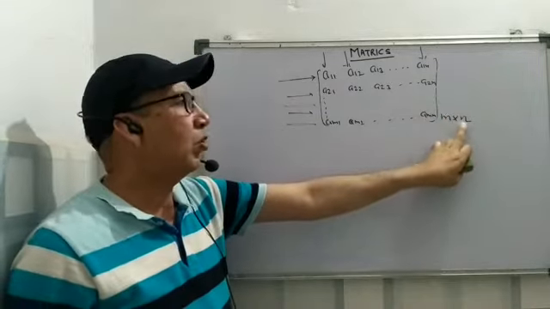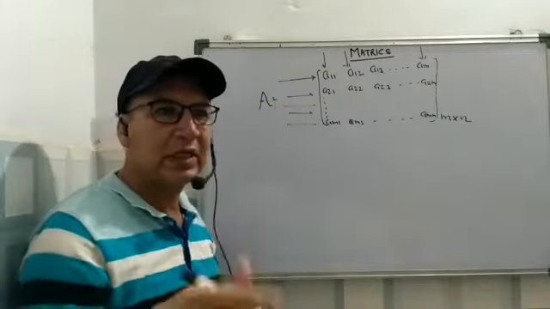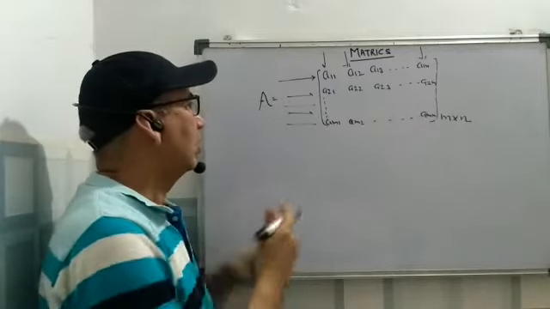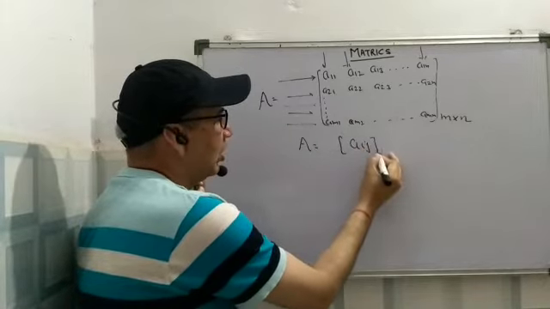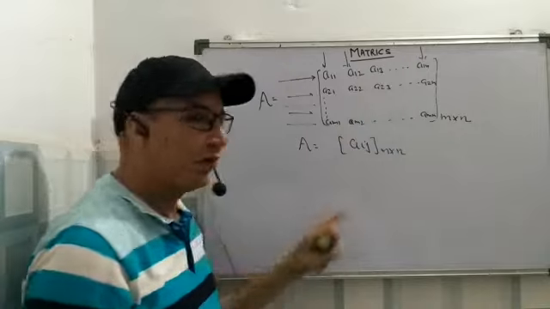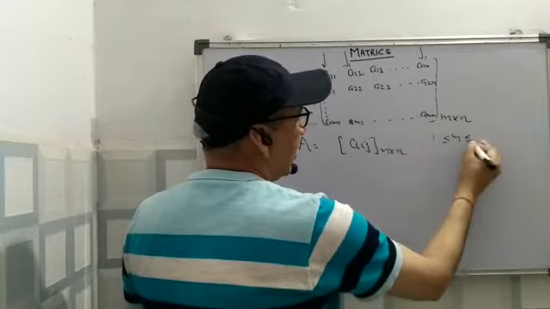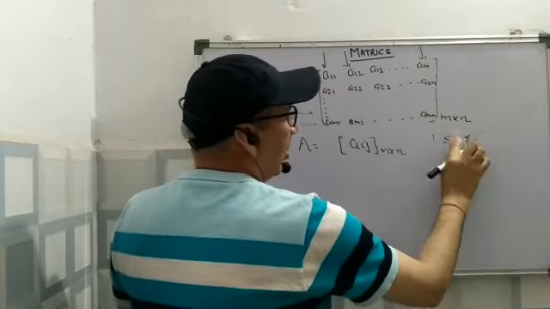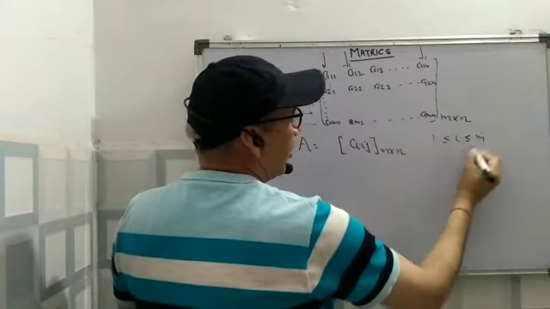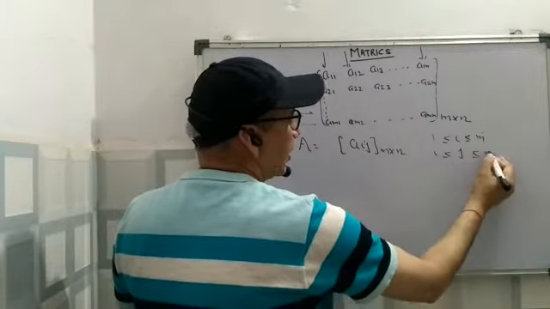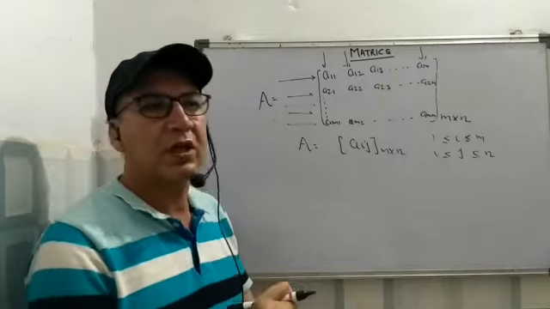This represents the order of the matrix, and we represent a matrix by a capital letter of English: A, B, C, D, X, Y, etc. In short form we can write this as A = [aij] of order m into n, where i is greater than or equal to 1 and less than or equal to m, and j is greater than or equal to 1 and less than or equal to n.